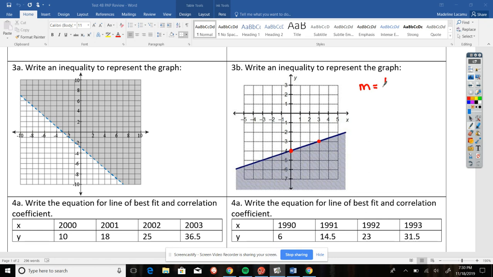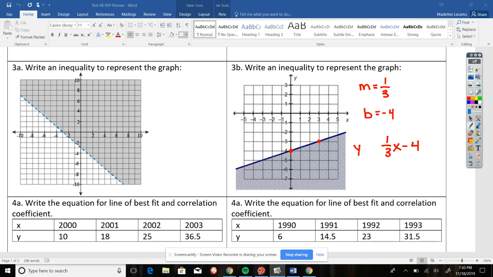So my slope would be up 1 over 3, which is 1/3. And my intercept is negative 4. So I know I'm going to have 1/3 x minus 4. But I have to have y.